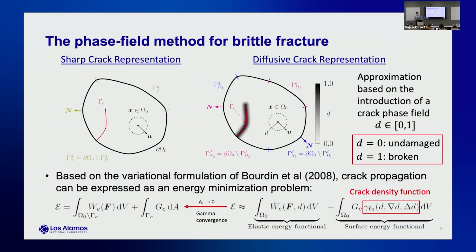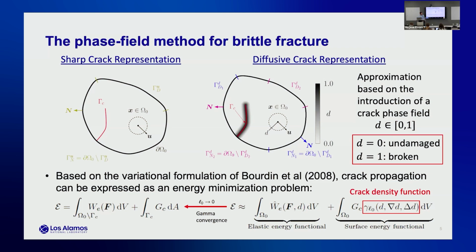In terms of modeling fracture, the figure on the left shows the sharp crack. We have a crack gamma C in this body omega 0. The energy of this system consists of two parts. The first part is the elastic energy. The second part is the fracture energy. The fracture energy is a codimension one surface integral.